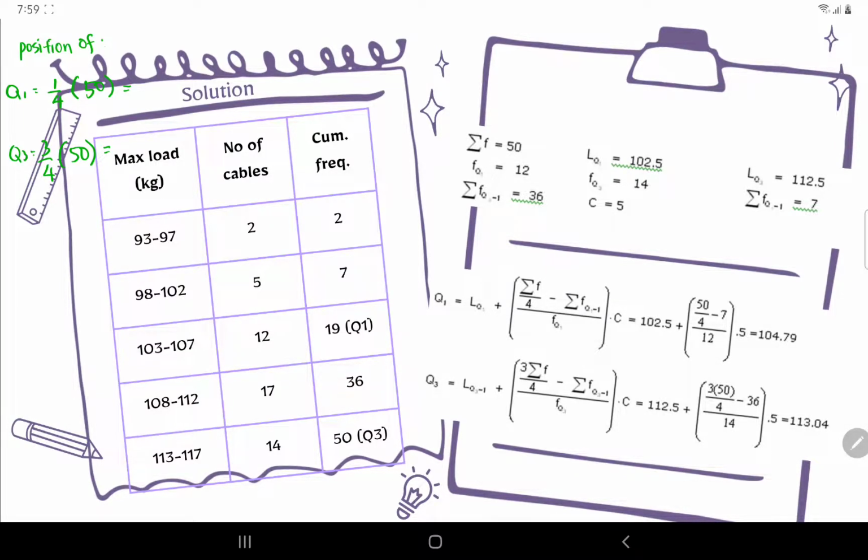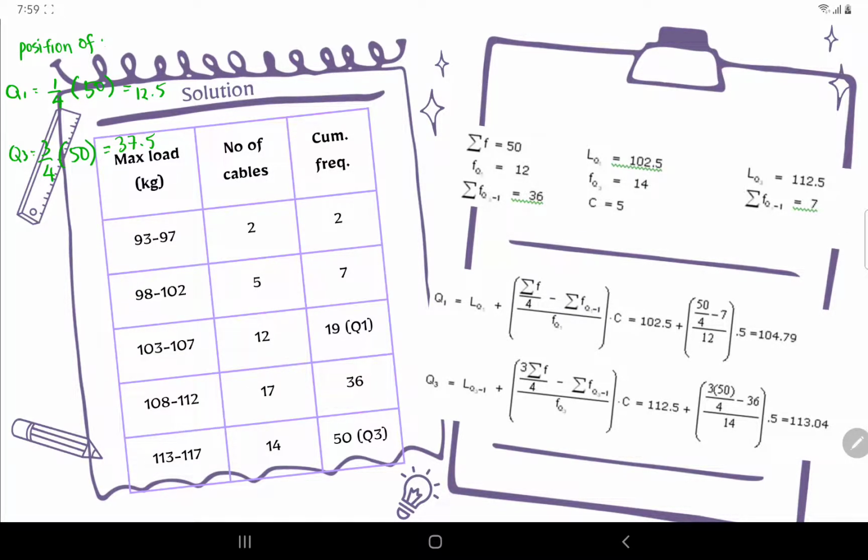So Q1 is 12.5. Meanwhile, for Q3 is 37.5. Okay, this is the position for Q1 and Q3.